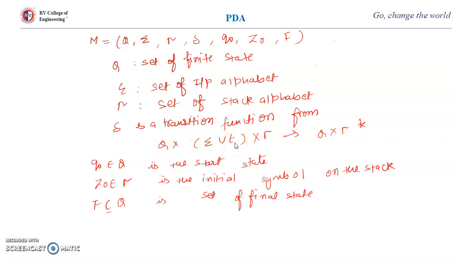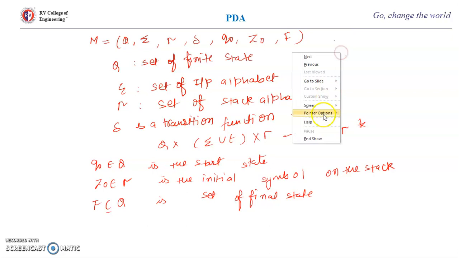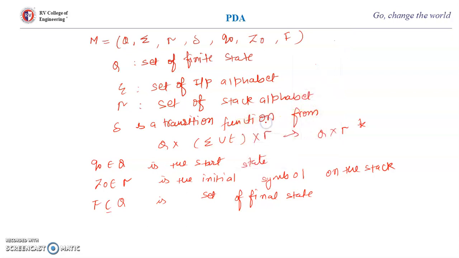In the last video lecture, I have already discussed what the transition function will be. The transition function will take three parameters: delta, the current state, then the input alphabet, and then the stack top, suppose it is Z0. Here we will get the next state, suppose it is Q1, and if I say AZ0, this is the stack content.